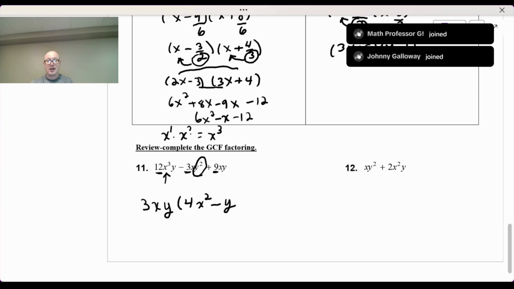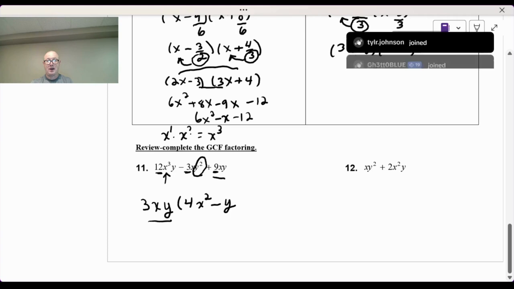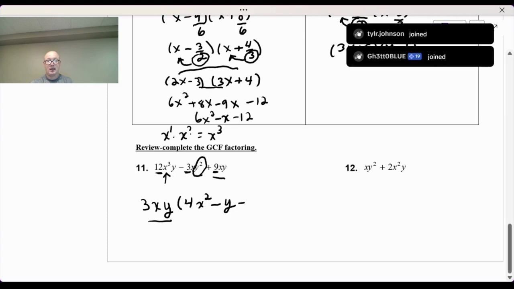So if I take 3x times negative y, I would get negative 3xy squared. All right, now for my last term, I need to go from 3xy to 9xy. Well, the xy patterns are the same, so the only thing I need is a positive 3 here. Okay? All right, so greatest common factor factoring.